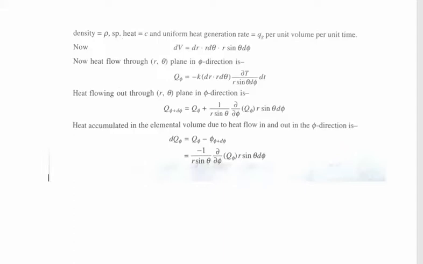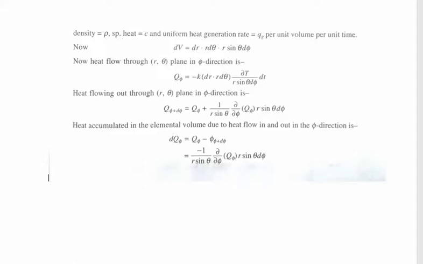As we took three coordinates in the Cartesian system, that was x, y and z, here we have three plane figures whose coordinates are r, theta and r sin theta d phi.